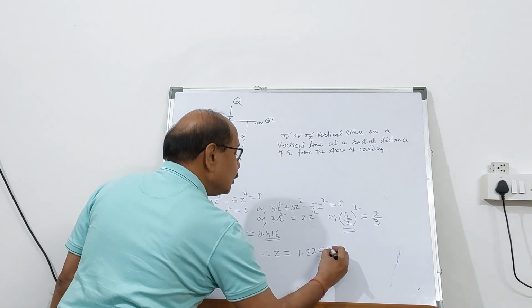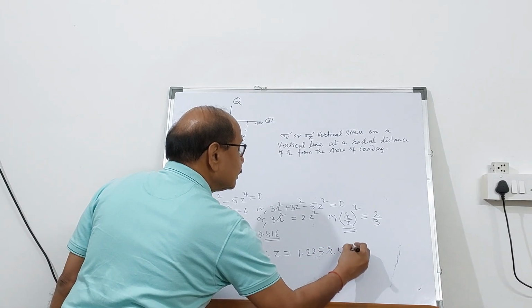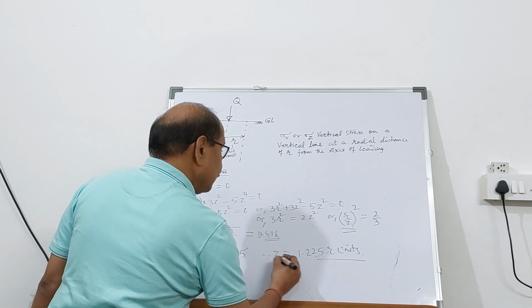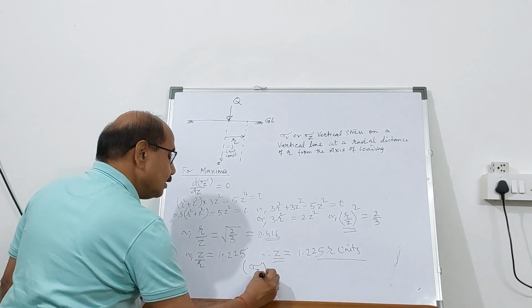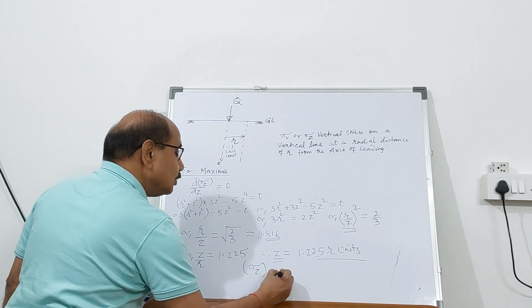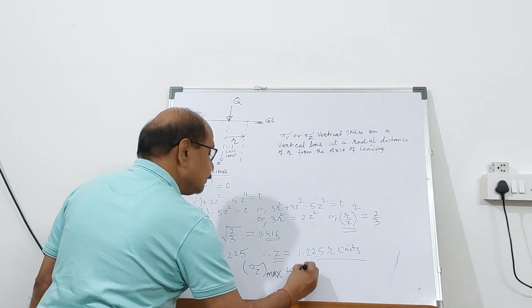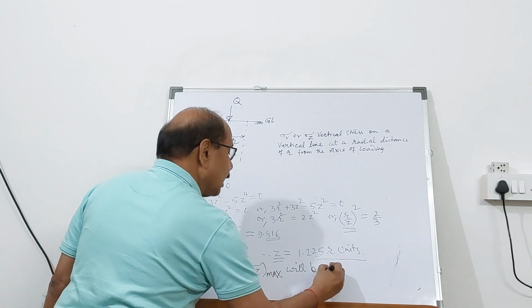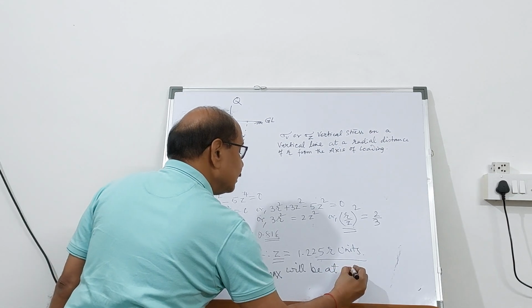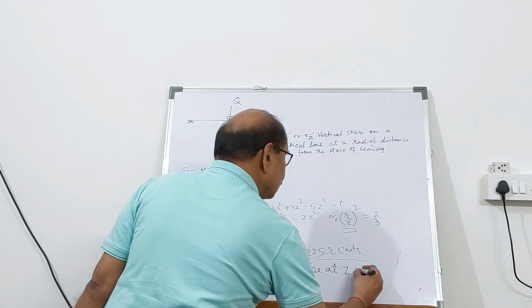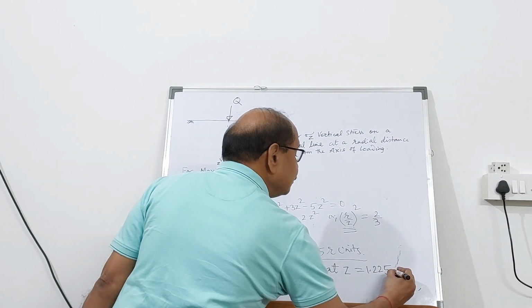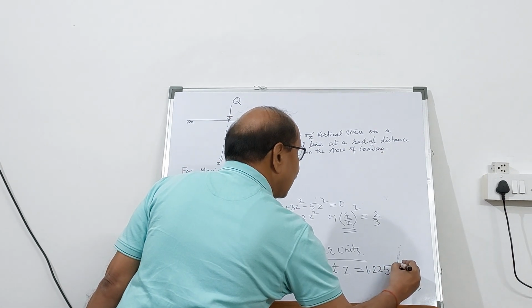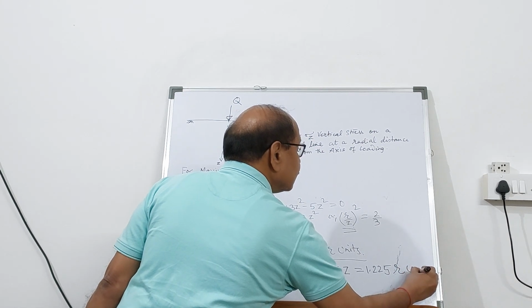So z equal to 1.225 into r units. So the maximum sigma z will be at z equal to 1.225 times r units.